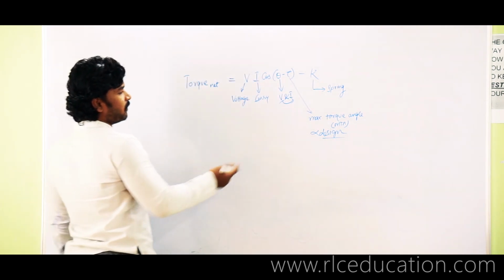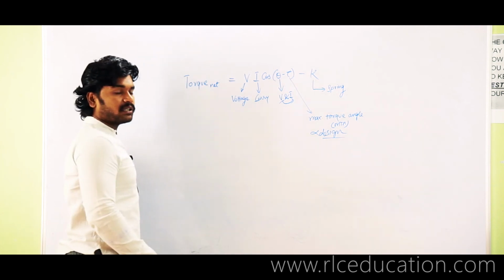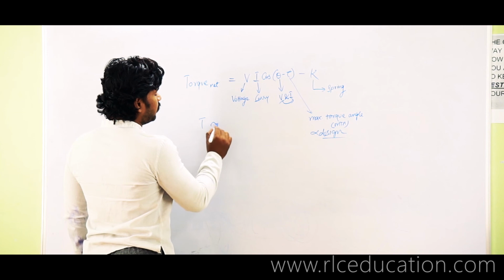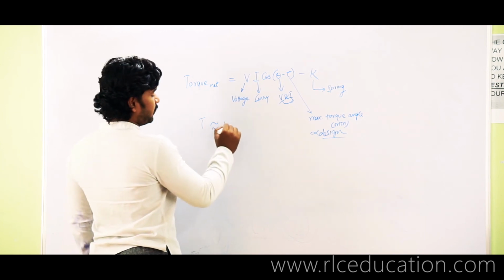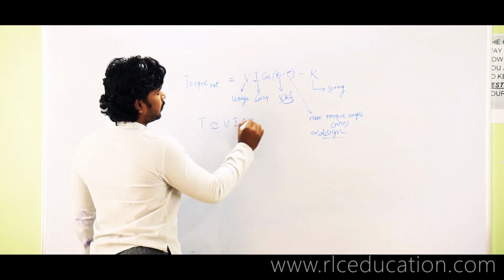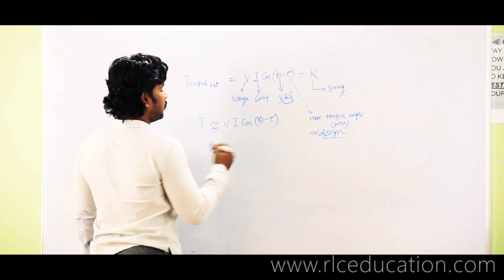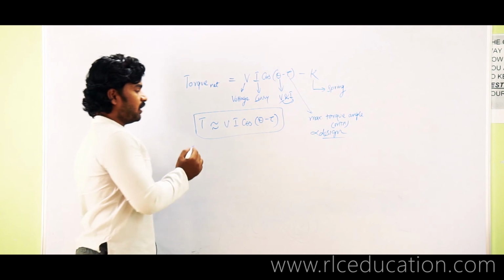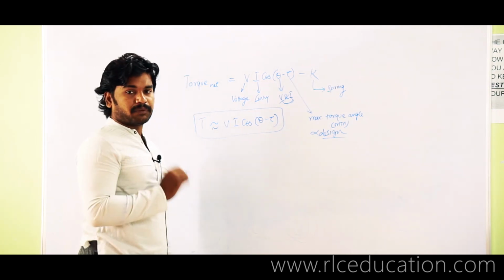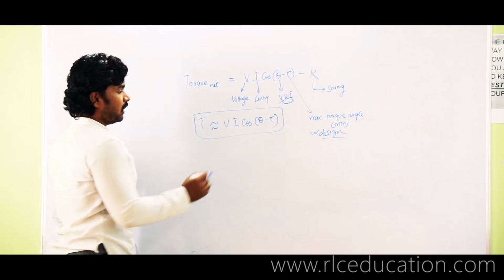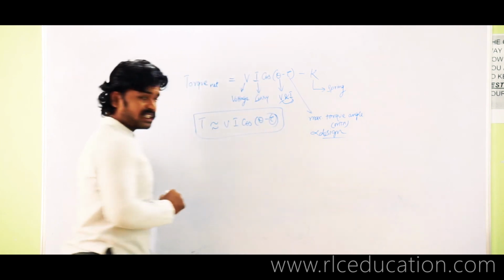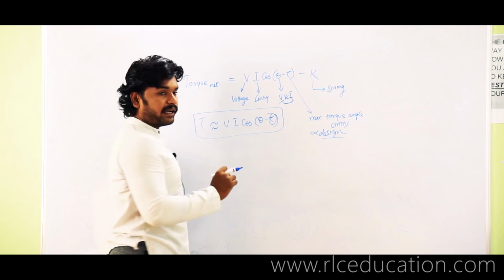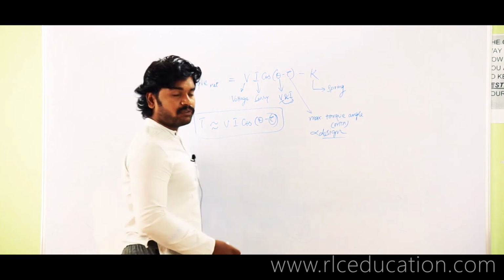Generally we assume that the restraining torque of the spring is negligible, so I can write the torque produced in a directional relay as approximately equal to V I cos(theta minus tau). Several times, problems were asked in competitive exams regarding this particular formula. So what does this tau specify? It is the angle between voltage and current at which the torque produced will be maximum.